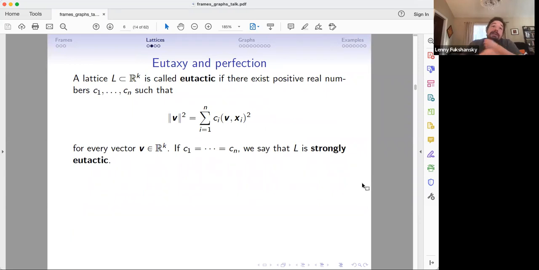Okay, so a very important class of lattices are the so-called eutactic lattices. The name comes from eutactic point configurations on spheres. I guess eutactic translates from the Greek as well distributed or well positioned.